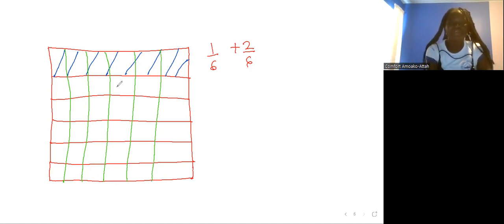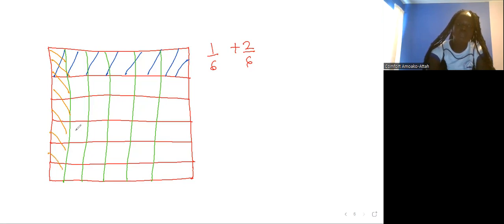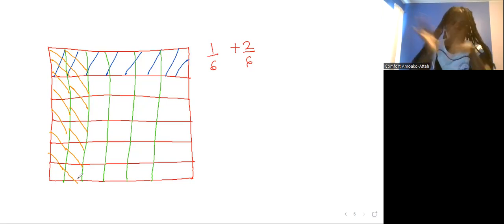Great. Then we shaded 2 parts out of the 6. So it's now crossed, okay? We are shading 2 parts. There's the first part and there's the second part. Good. So now we have all our fractions on it.